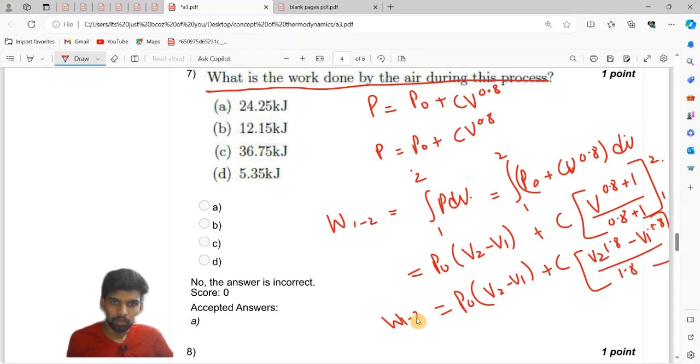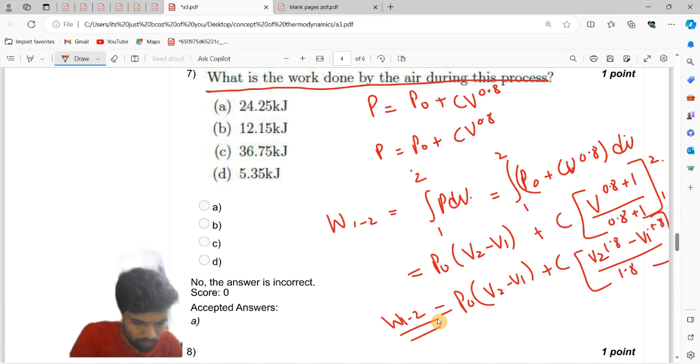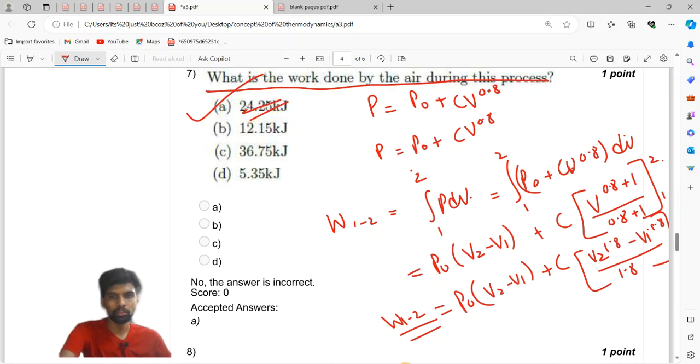So this is nothing but the work done from state 1 to 2. P naught is known to us, V2 minus V1 we have calculated, and similarly C we have calculated. So after this we will get the answer as 24. So A will be the correct answer for this. I hope you got this.